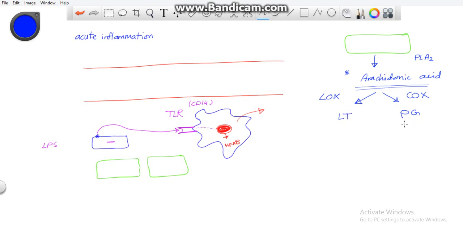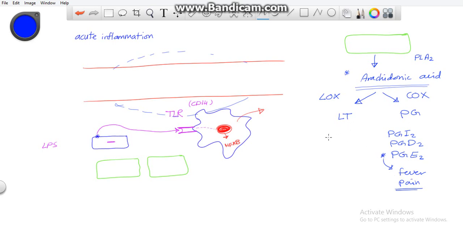Now, prostaglandins such as prostaglandin I2, prostaglandin D2, or prostaglandin E2 mediate inflammation by causing increased vascular permeability, and they also cause vasodilatation. An important thing about prostaglandin E2 is that it also mediates fever and pain. Just keep that in mind for future reference. We'll be talking about pain in the next video.